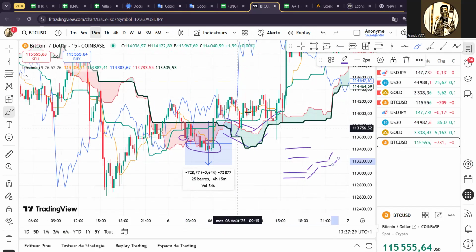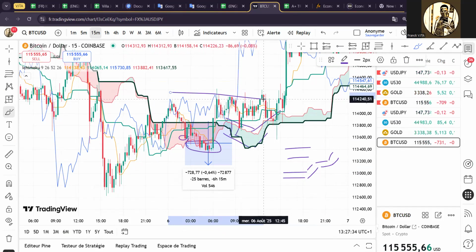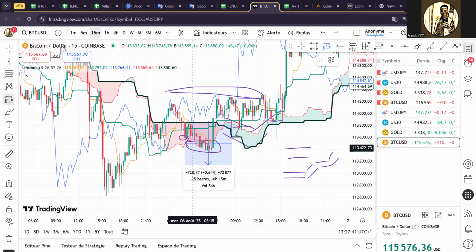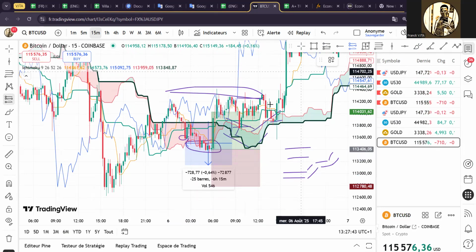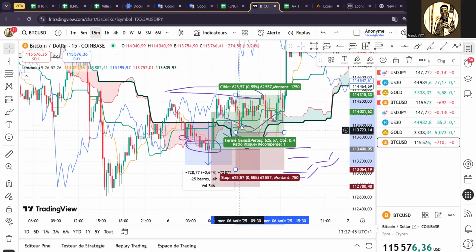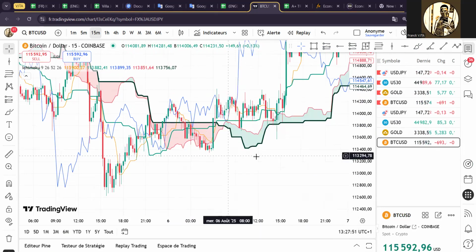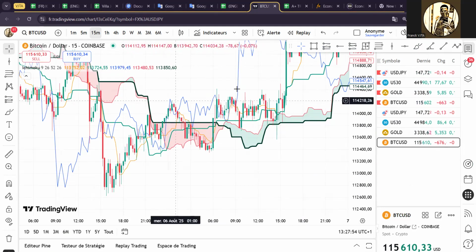So the fact that you have a lot of rail means that the price is not ready to break those highs, but it is ready to give you better entry for the buys, like this one, like this one too. So you just need to be aware of that. You will not break those highs and go further.